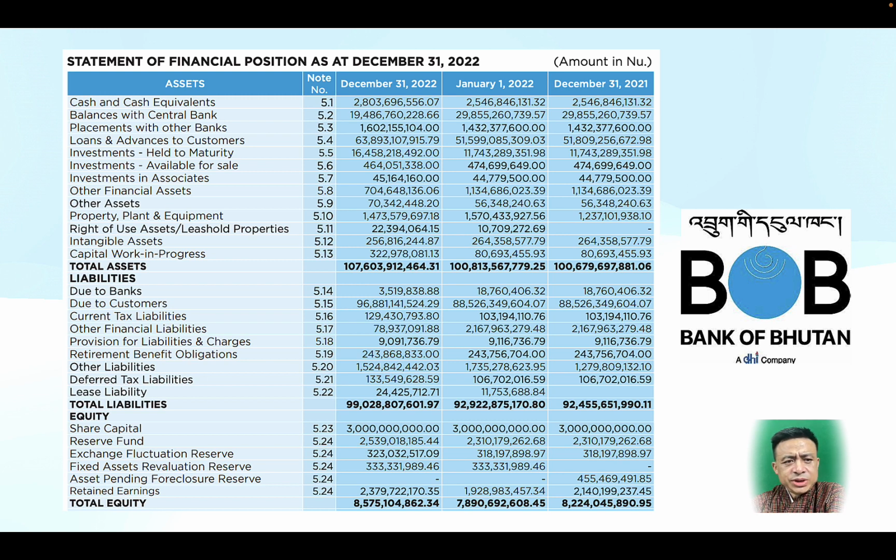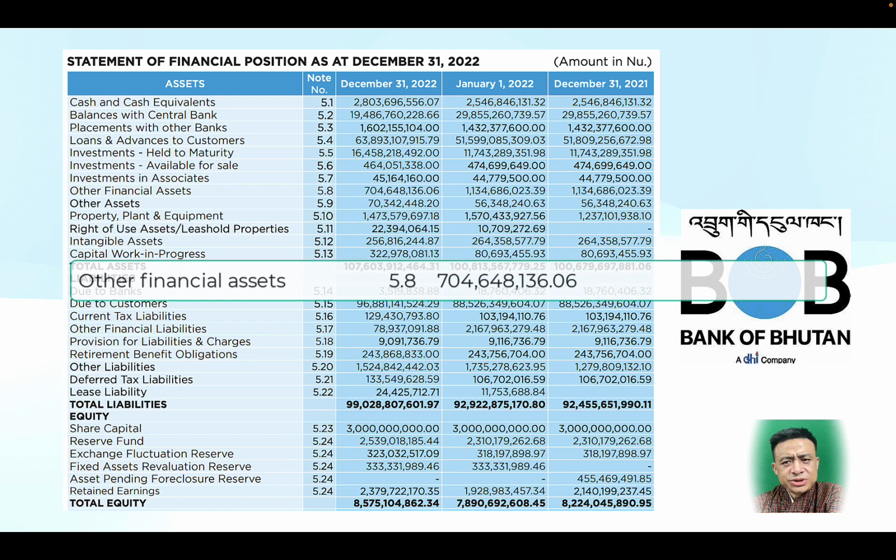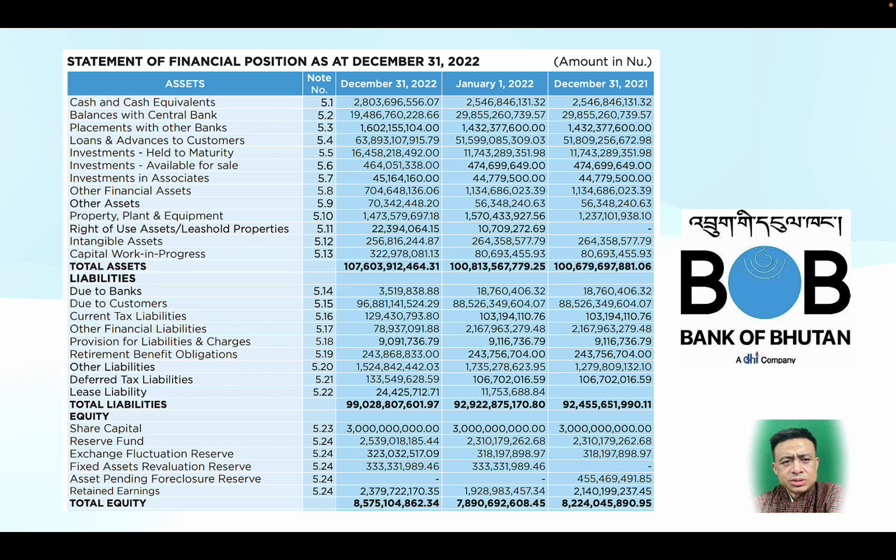At the same time, if you look at the asset side of the statement, you will also find other financial assets, which means around 704 million worth of investment has been made by Bank of Bhutan in the securities of other companies.